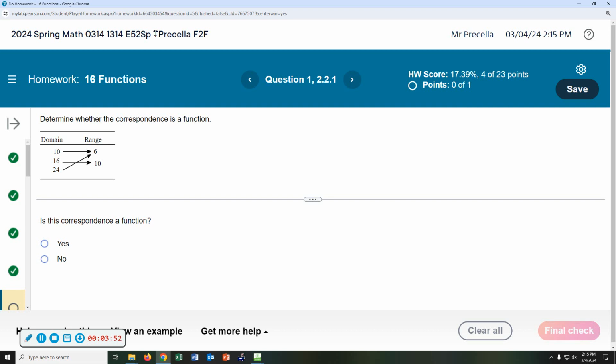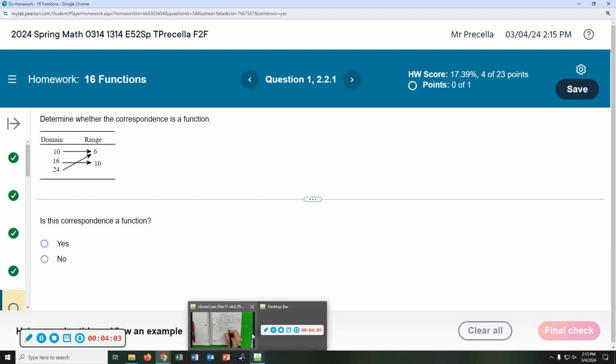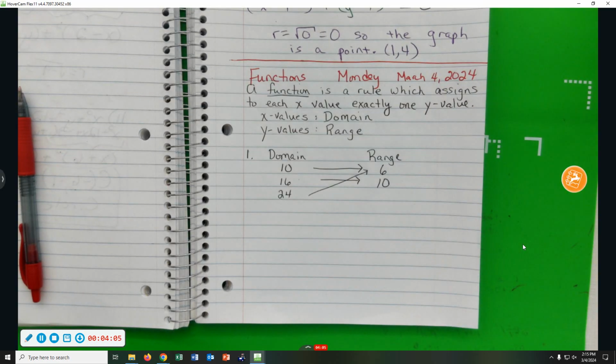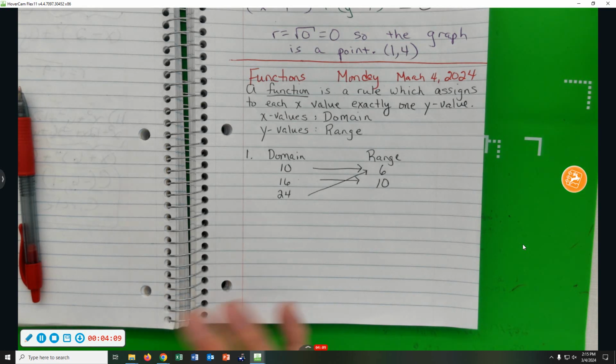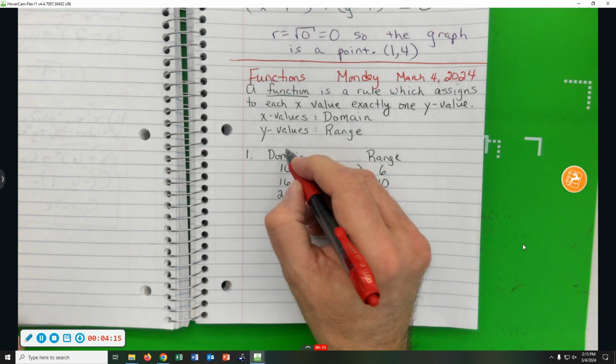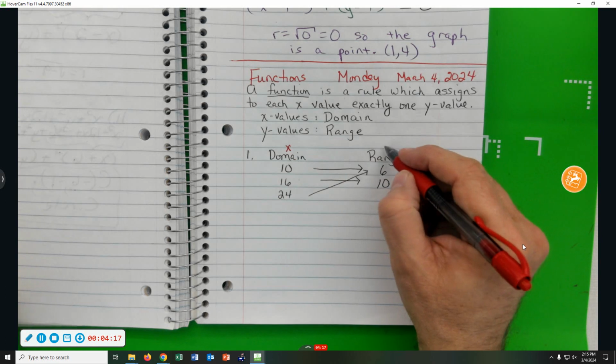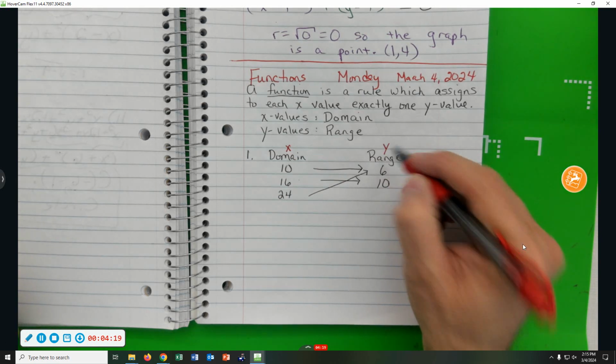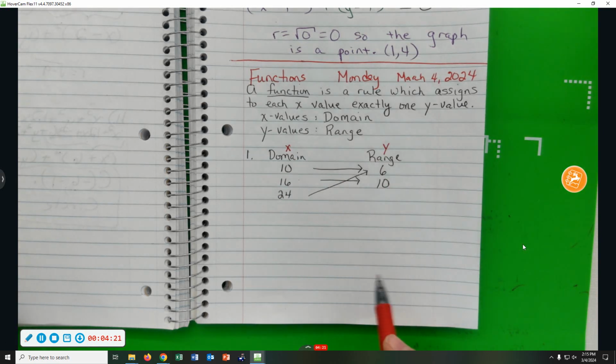16 is assigned to 10. And 24 is assigned to 6. And the question is, is this rule, correspondence, diagram, whatever you want to call it, a function? Is each x value being assigned only one y value, not 2 or 3?